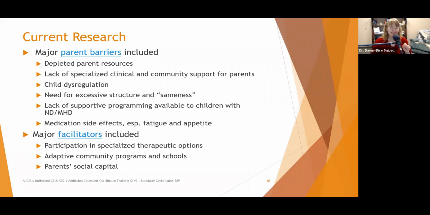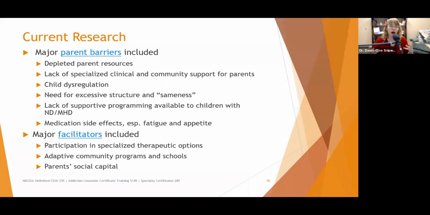Facilitators for parents, though, let's not just talk about the negatives. Participation in specialized therapeutic options. If there is therapeutic daycare, if there are respite centers, even drop-in centers where the parent with the person with autism can go. Adaptive community programs and schools that are knowledgeable about how to work with someone who has autism.